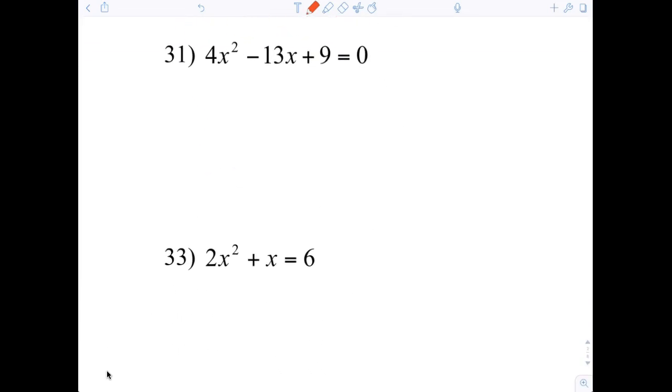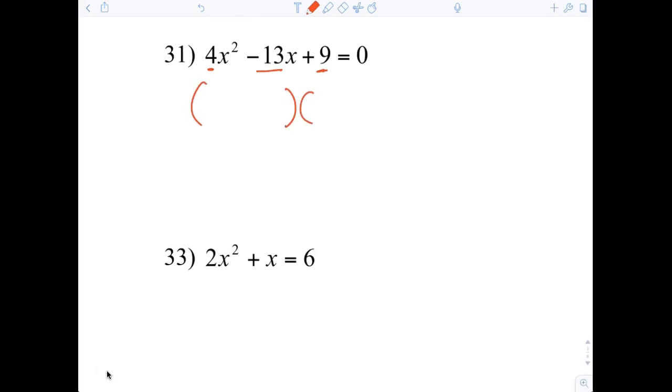Question number 31. All right, now the first thing you should try to look at here to help yourself is 4 and 9 makes what? 13. Does everybody see what I'm getting at? Right? So instead of using 2x and 2x, you could start out with what? 4 and 1. That's how you're supposed to be thinking about it.